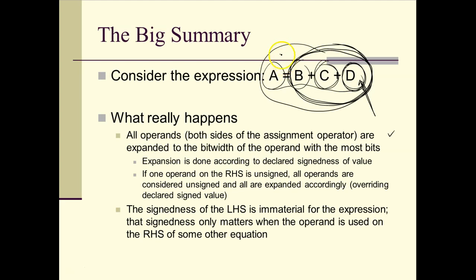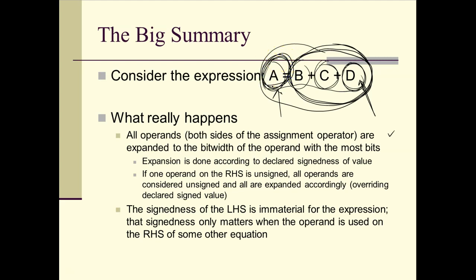Lastly, the result operand, A, is going to have a sign associated with it. Now the sign associated with this operand is completely separate from this particular equation. The signedness absolutely doesn't matter.